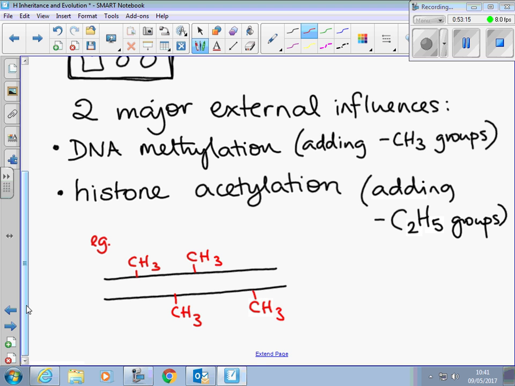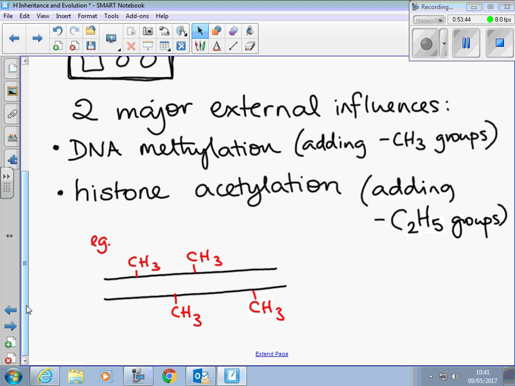Epigenetics is a huge developing subject, and I think I was a bit ambitious to include it, to be honest. It's quite significant.